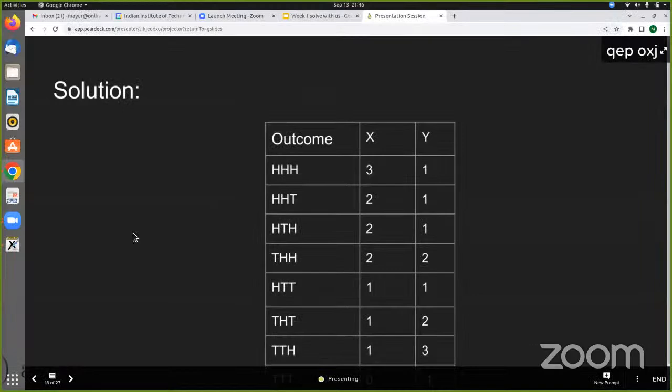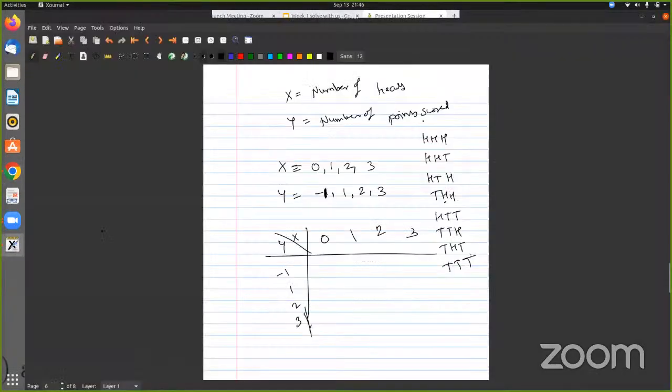Maybe I'll show you here itself, and we'll prepare a PMF table from here. So in this first case, what is the value of X? So you guys are okay with this, right?